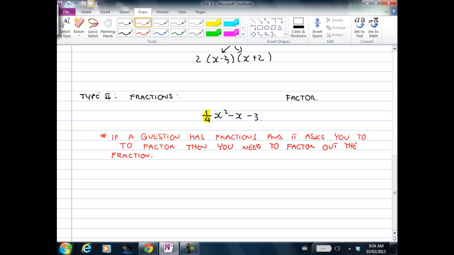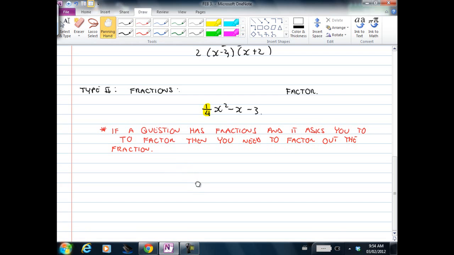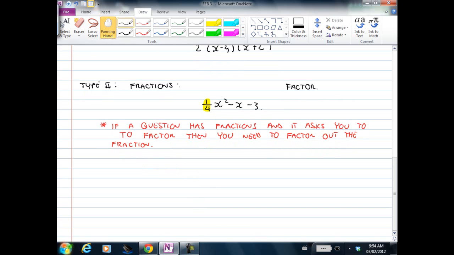If a question has fractions right there, and the only choice they give you is to factor, there's no other technique, then you can't even complete the square, then you gotta factor. They force you to do it. So watch what we're gonna do. I'm gonna write down the question again. 1/4 x squared minus x minus 3.